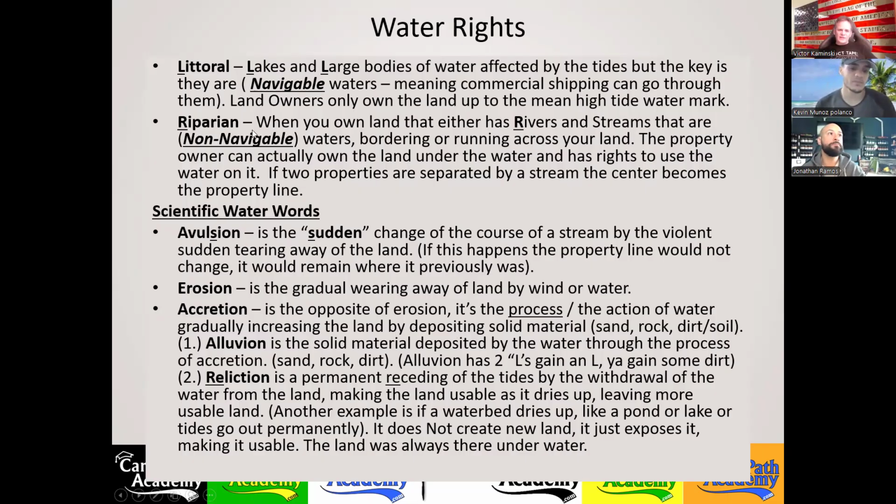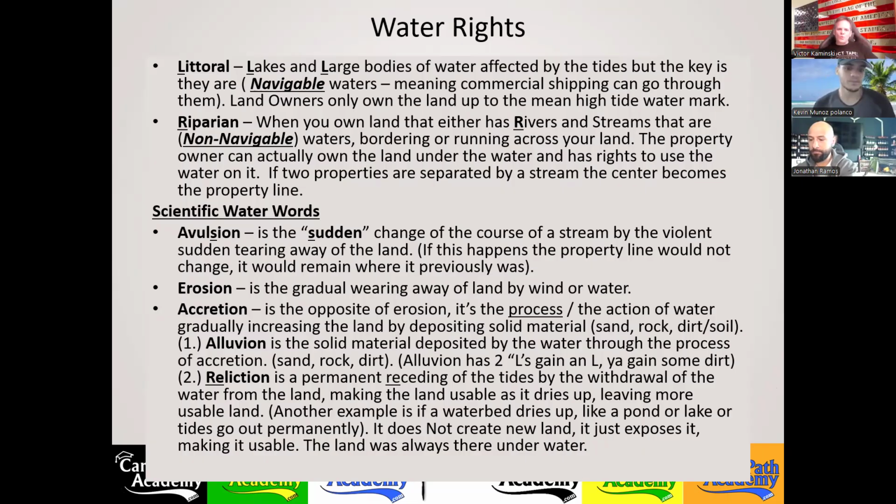These definitions I have here are probably better to study. They're a little more explanatory, to make it easier to remember. But you will absolutely get most of these words on school and state exams. I'm telling you right now, you will.